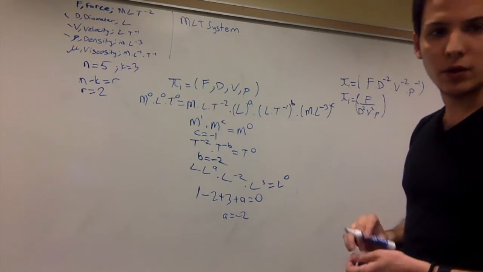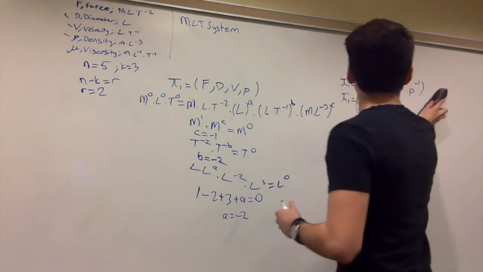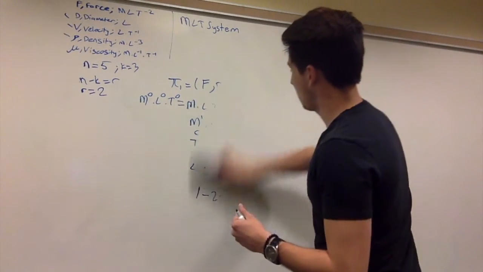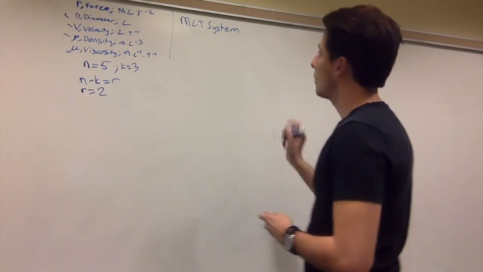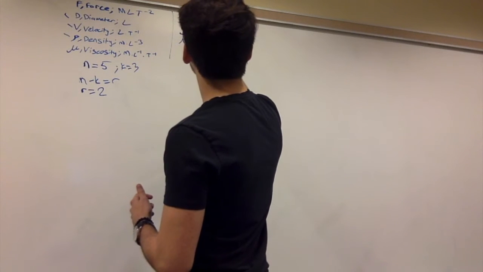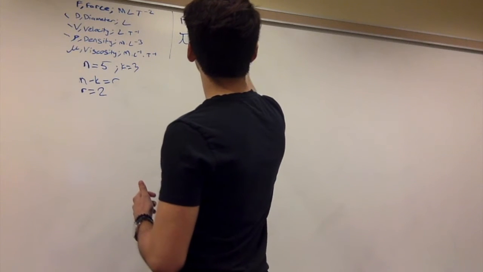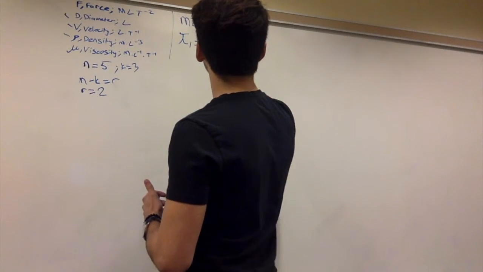So let's find pi 2. Let me write pi 1 here again. It was F over D squared, V squared, and density.